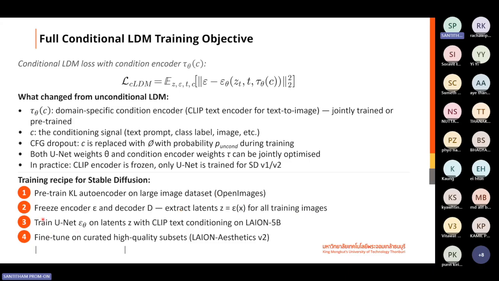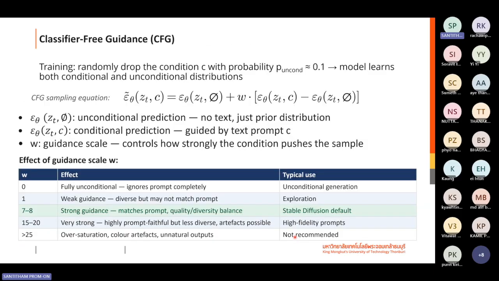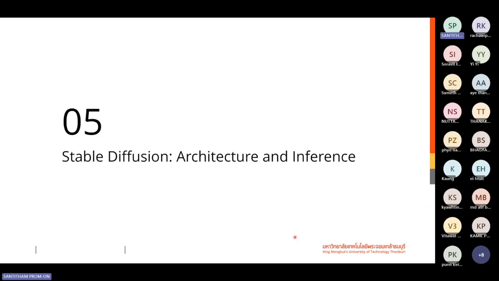Then train the UNet on the latents with the condition, like on LAION-5B. This is for Stable Diffusion. And then fine-tune on a curated high-quality subset, the aesthetic subset. This is the way that Stable Diffusion works, and how it involves representing the noise here.